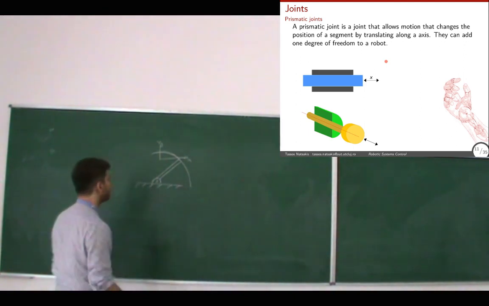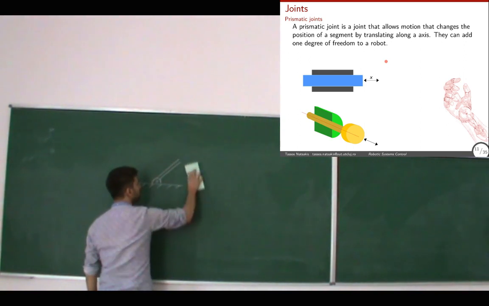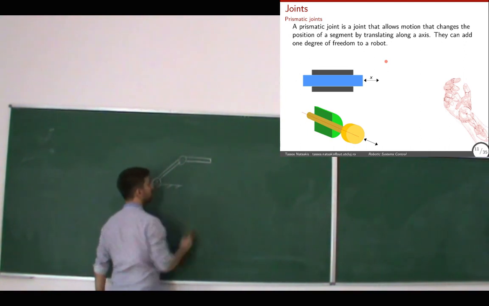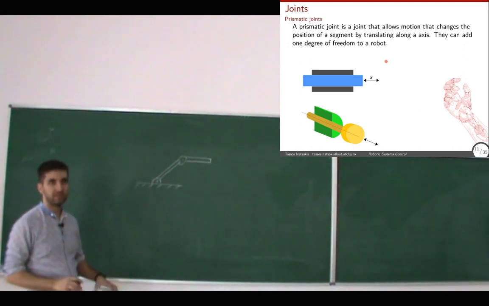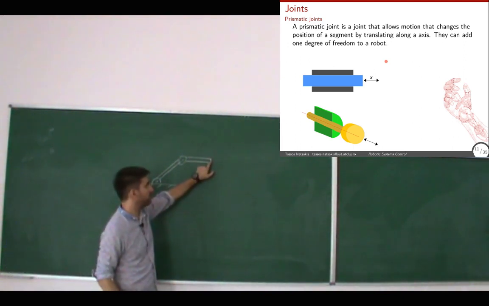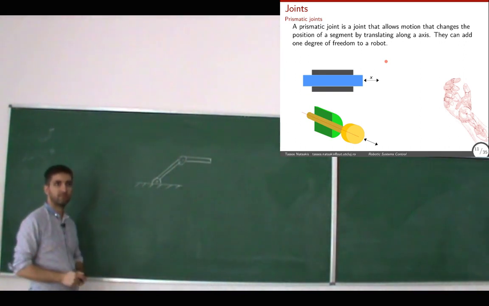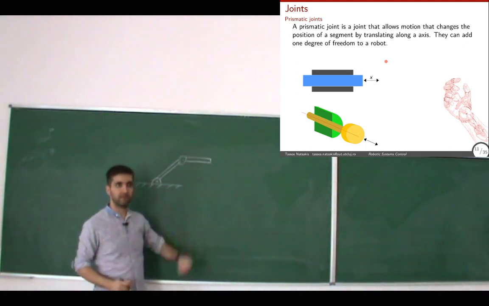Just to show you a counterexample, let's say I have another joint here. Now, how many degrees of freedom does this robot have when we're talking about the end effector, the end point of the robot? Same thing, a stick here and another stick here.